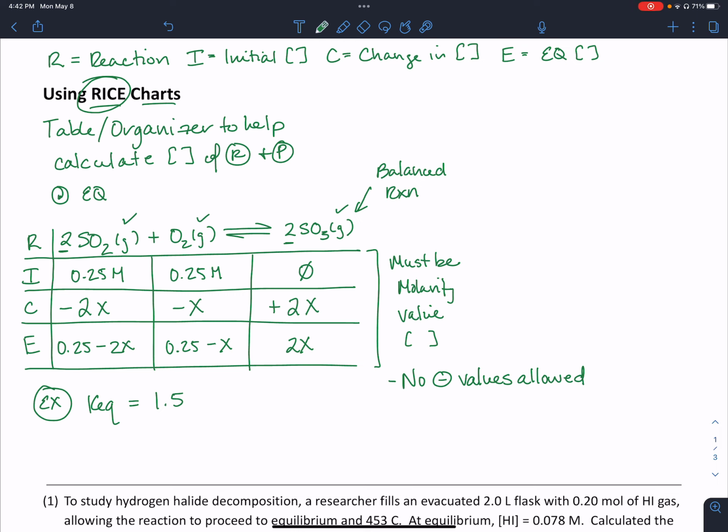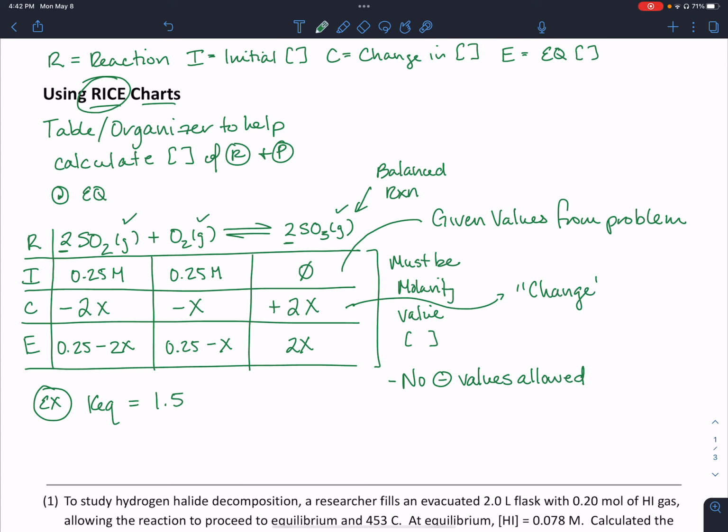You fill in your initial row with what you've been given. So this row is usually given values from the problem. Your change row, we're going to use X for amount reacted or formed.